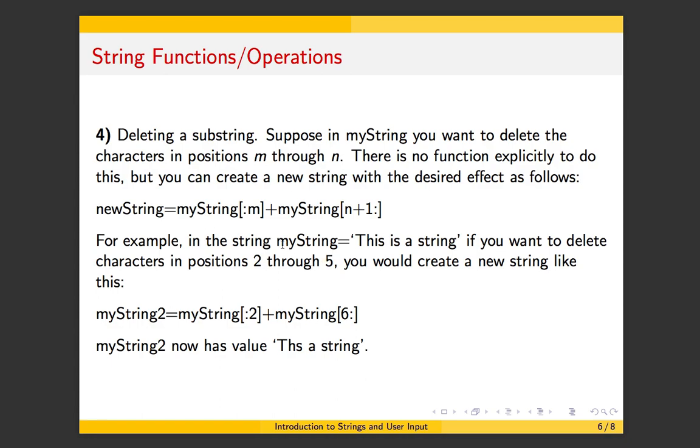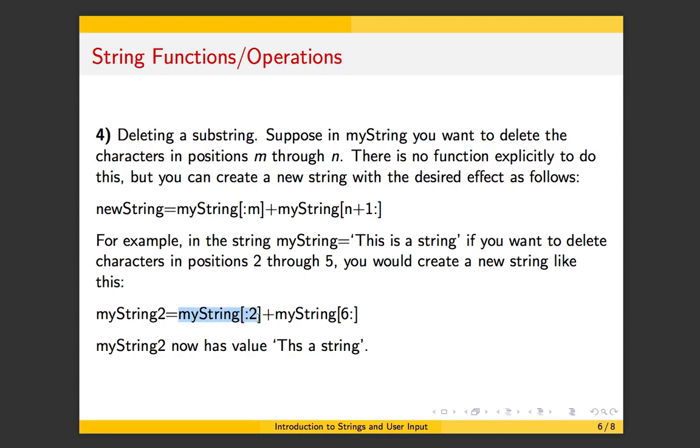So just for example here, if my string is, quote, this is a string. If you wanted to delete characters in positions 2 through 5, so capital T is in position 0, 1, 2. Okay, so starting at this little i, 2, 3, 4, 5. So you want to delete is space i. How would you do that? Create a new string like this. Call it whatever you want, my string 2.